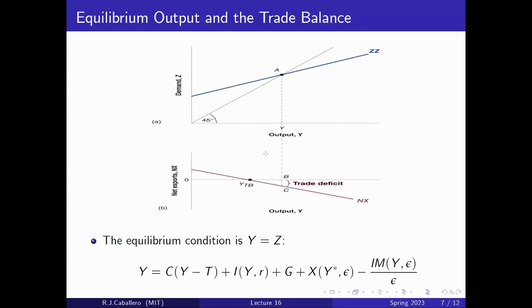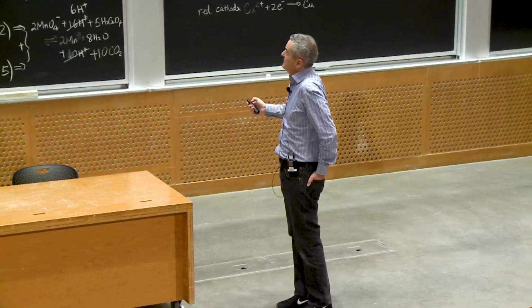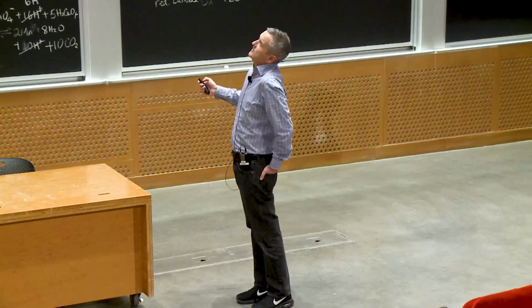Okay? And then the net export is just, I'm plotting this term here. That's what we have here. But equilibrium is just Y equal to Z. It's not this equal to 0. You can think about equilibrium, but this is what it is, given that that's equilibrium output.